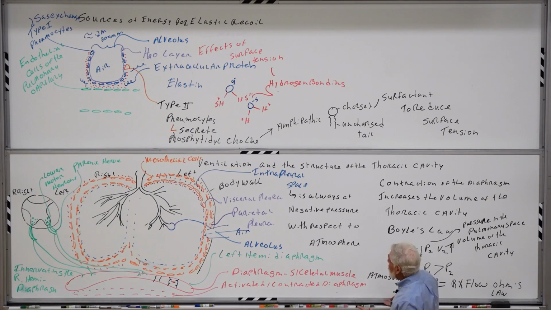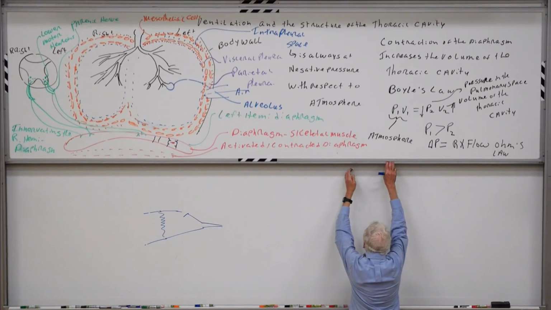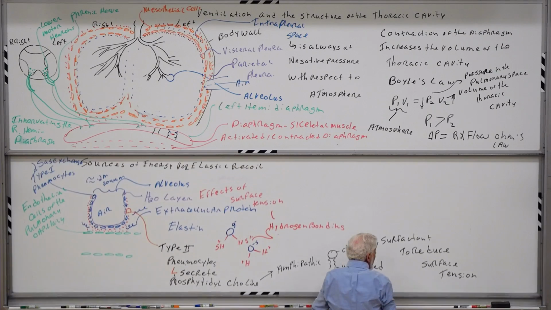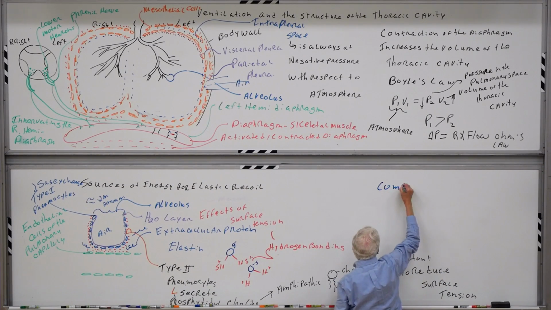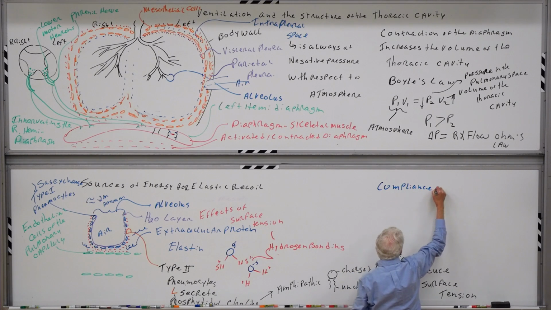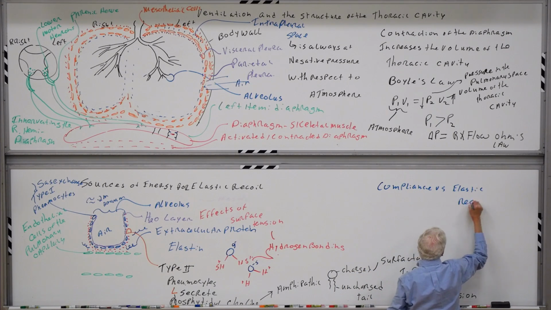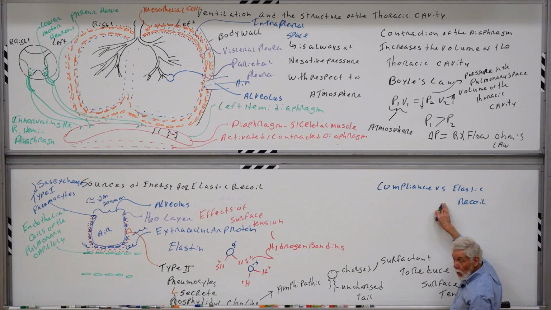So what I want to finish with here is this idea of elastic recoil versus compliance. These are simply the inverse of one another, and I won't get into the mathematics.